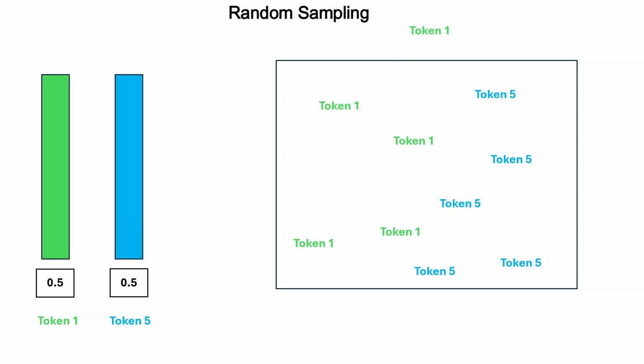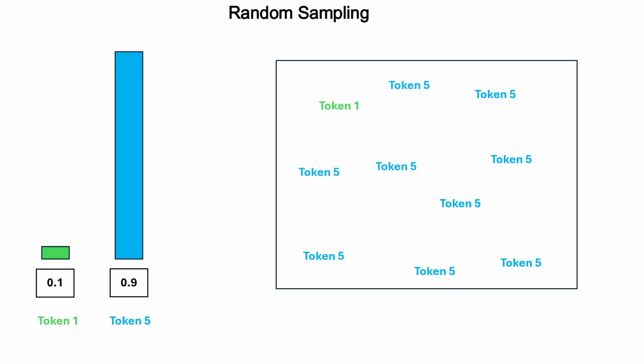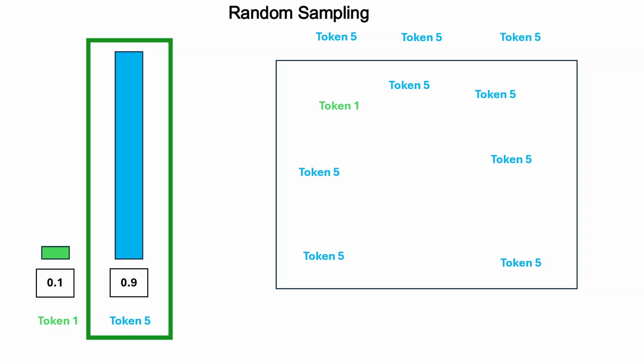Similarly, every time we will pick different token because here the distribution is even and both the tokens have equal probabilities. That is why every time we get different tokens. But if we have this kind of probability distribution, then most of the time we will pick token 5 and very rarely we will pick token 1 because token 5 has highest probability.